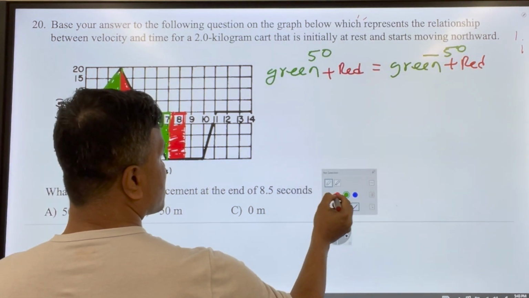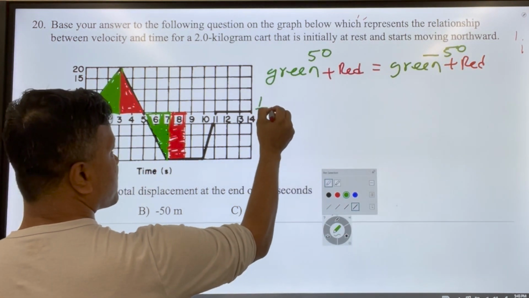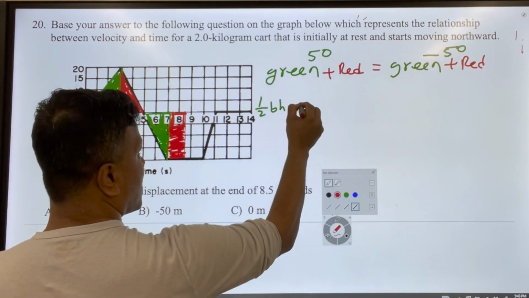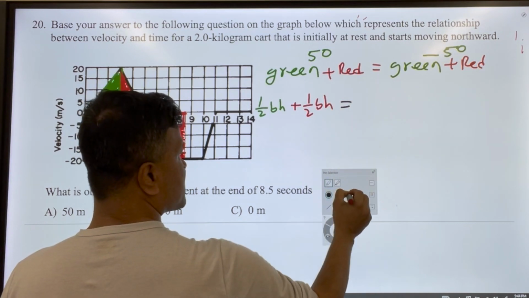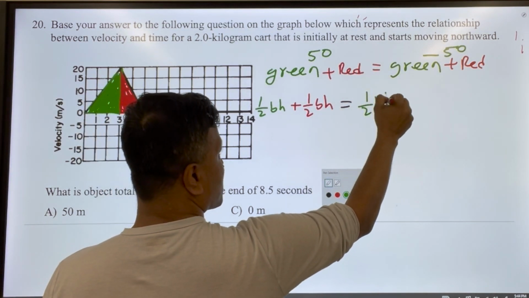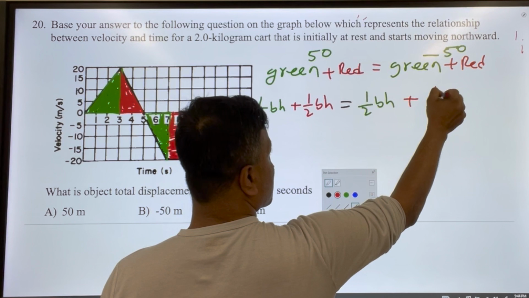Let's see. So this one is half bh, and this one is half bh, equal to, this one is half bh, and this one is bh.